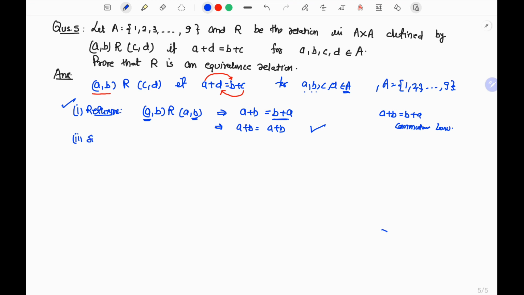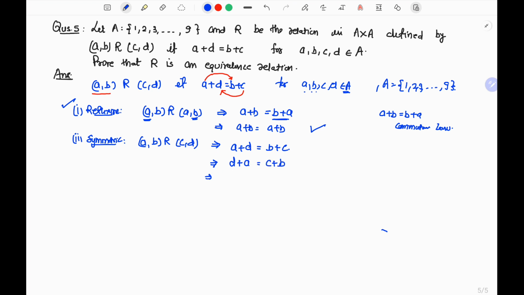Second, we have to check if it is symmetric. For a symmetric relation, we take (a, b) related with (c, d) and we have to check whether (c, d) is also related with (a, b). This implies that as per the given expression, a plus d will be equal to b plus c. If we change the order, because as we have said in natural numbers the commutative law holds, we can write it as d plus a is equal to c plus b.